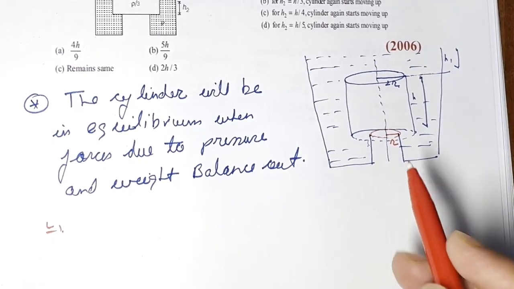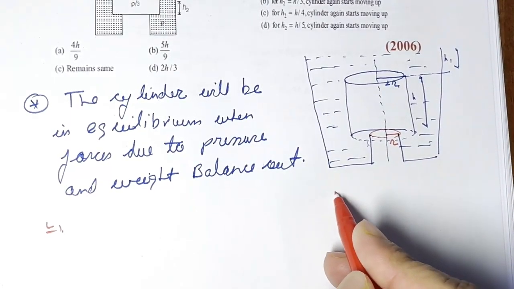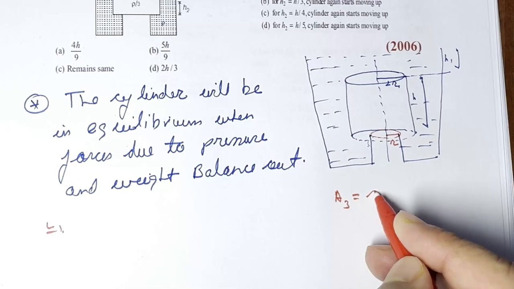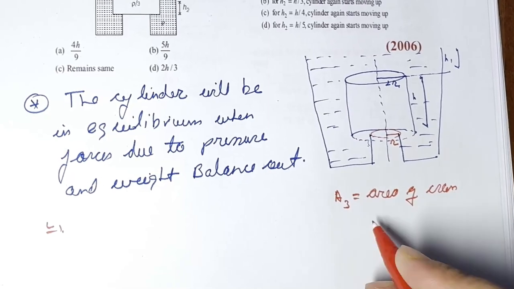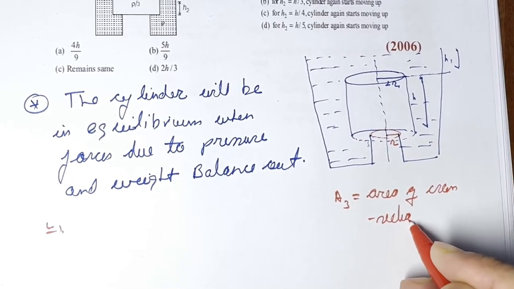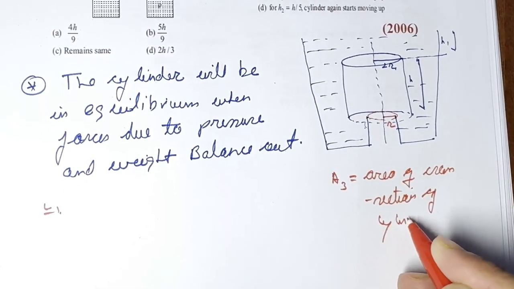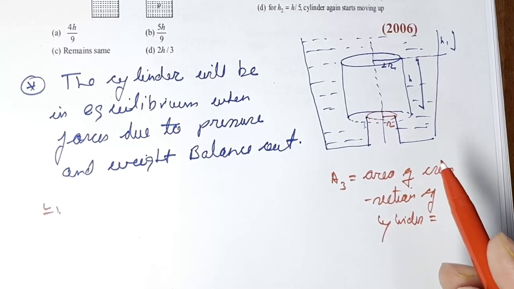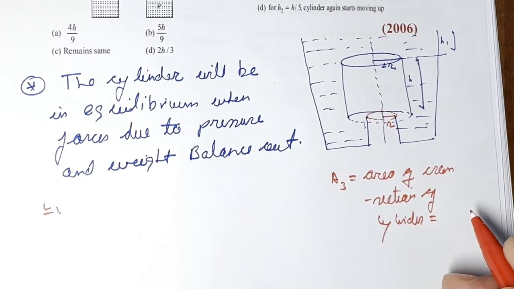So you can say the top cross-section area, let us call that A3. A3 is the area of cross-section of the cylinder, and since our radius is 2r, A3 will be equal to 4 pi r square.